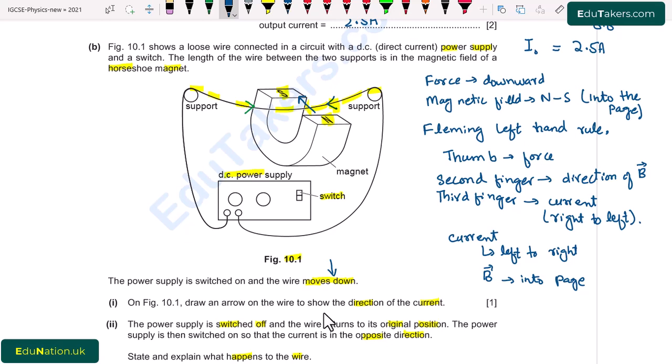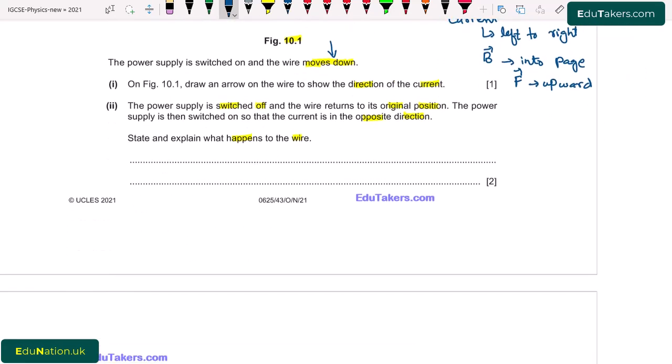First of all it is downward, but in this case when the direction of current is reversed, the force will be in the opposite direction and it will be upward. So we can simply say that by reversing the direction of current, the force also reverses. I write here: wire will move upward.